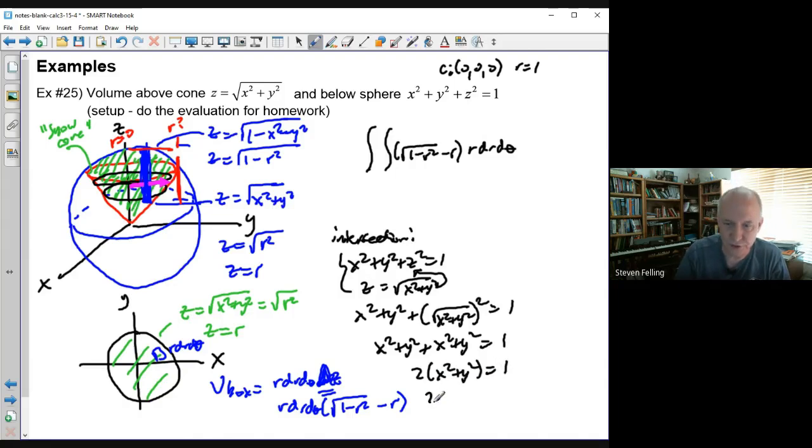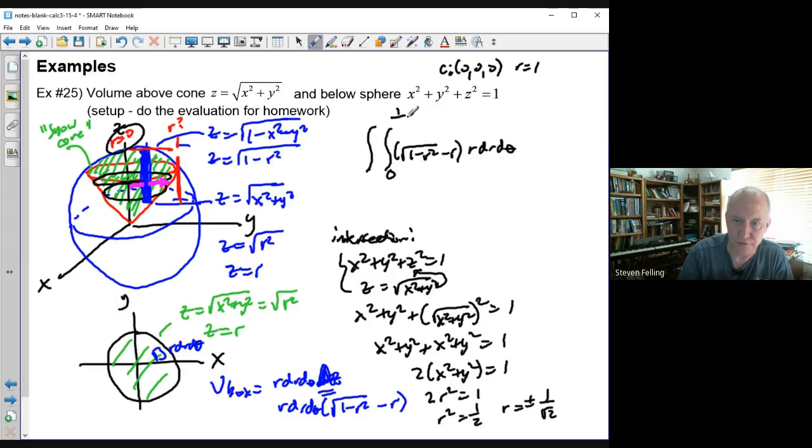Right, which means 2 times r squared equals 1, which means r squared would equal 1/2, which means r would equal plus or minus 1 over the square root of 2. And since r is never negative, we're going from r equals 0 to r is 1 over the square root of 2. That's the maximum extent of r.